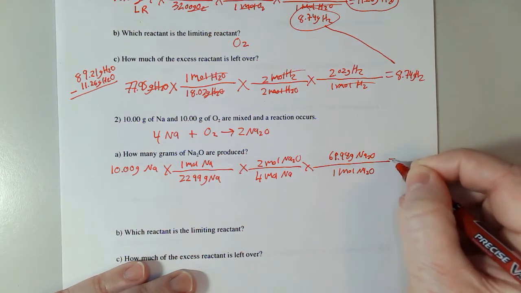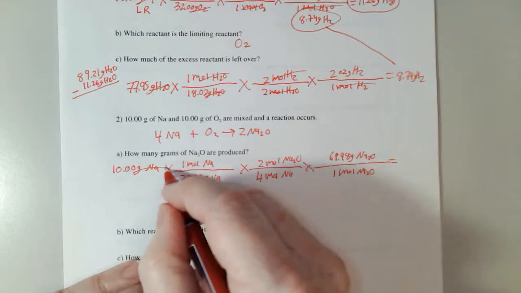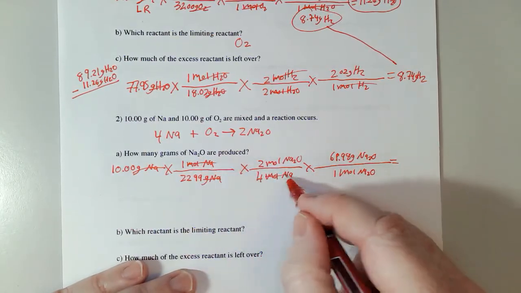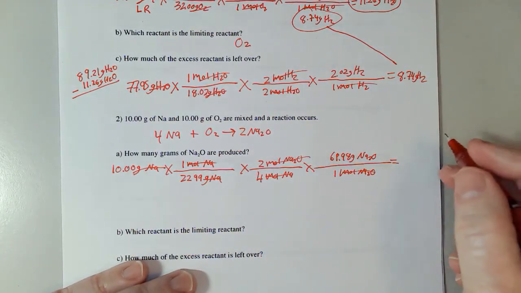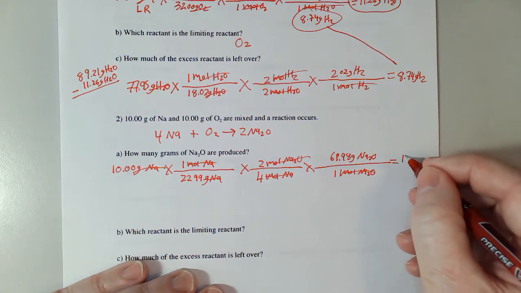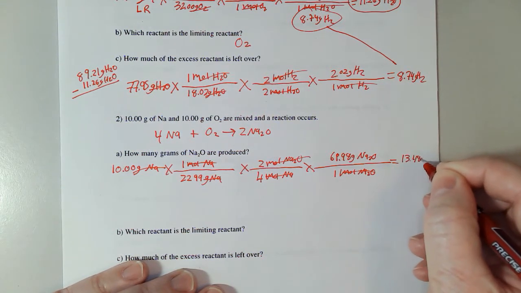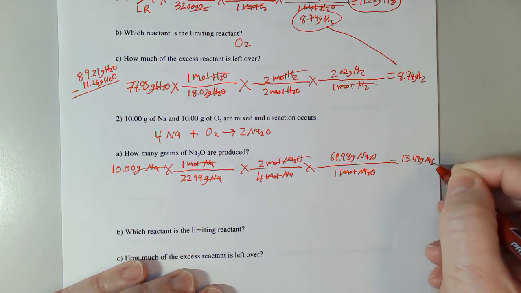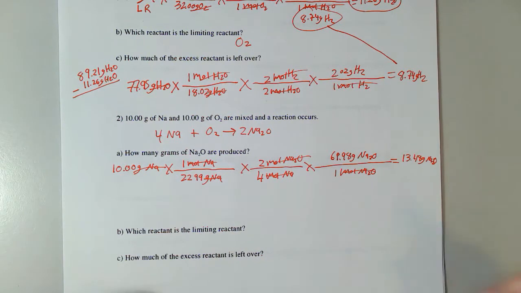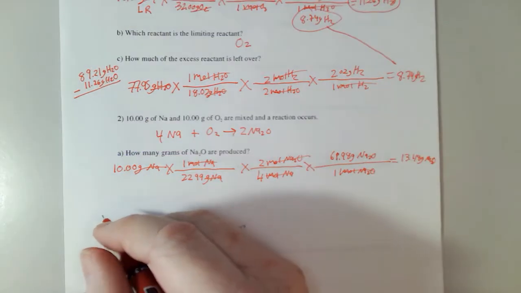I added these up before we started. Those will cancel, those will cancel, those will cancel, and this is 13.48 grams. Could be the answer, maybe not. We have to check the other one.